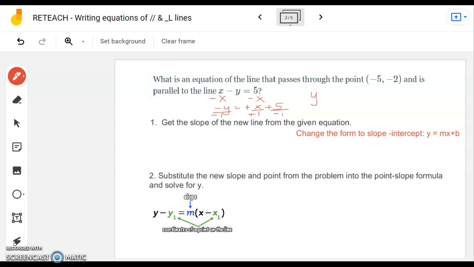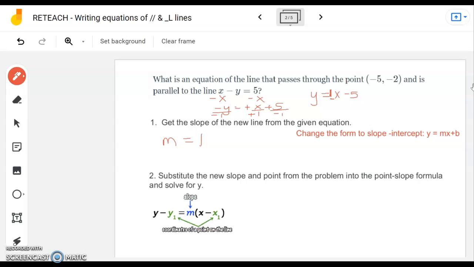My final equation is going to be y equals x over 1, which is just x, and then positive 5 divided by -1 is -5. So what do you think the slope of my new line should be? Well, my slope is the number in front of x. I don't have a number here, but it's implied that I have a 1x. So my slope should be 1.